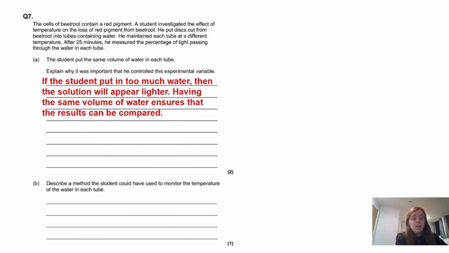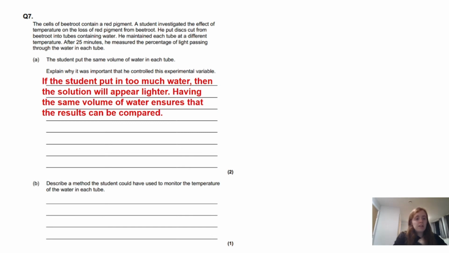For example, if they put in too much water, then the solution will appear lighter because it will be more diluted. This would mean that the absorbance would be less, even though for that particular temperature the absorbance was supposed to be more. So having the same volume of water in each tube ensures that the results can be compared.